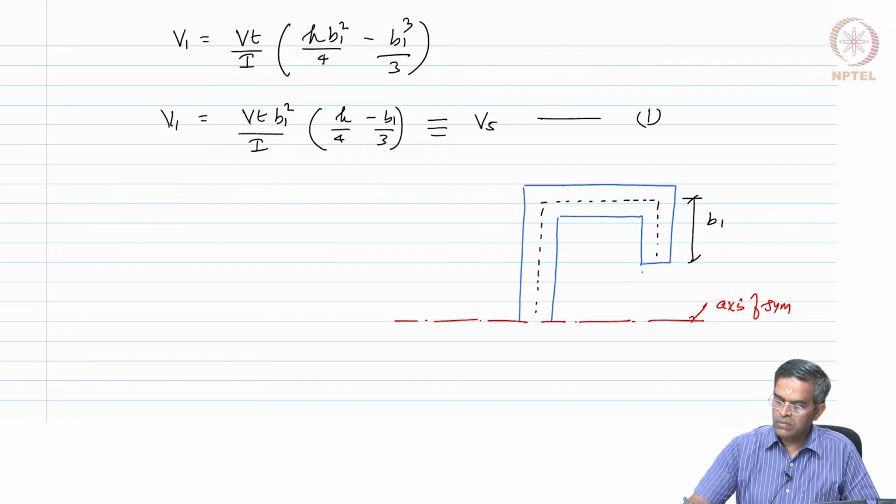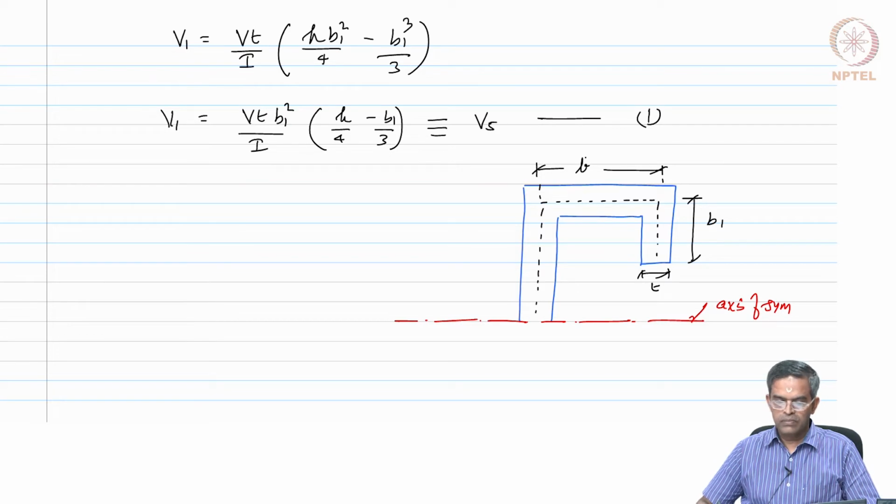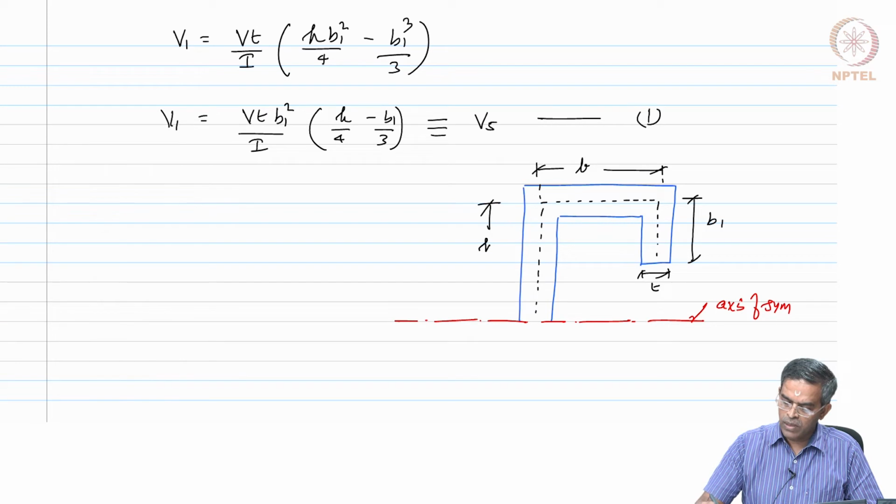This is B1, uniform thickness T. This is B, and we know this distance is h by 2.